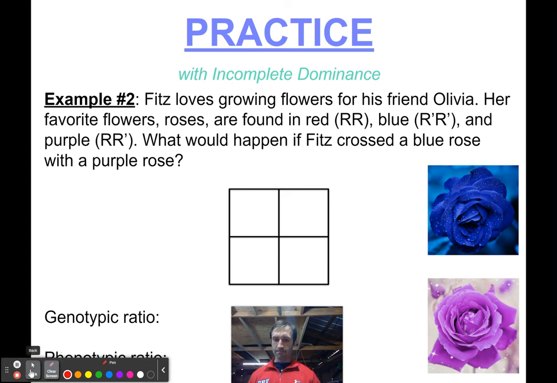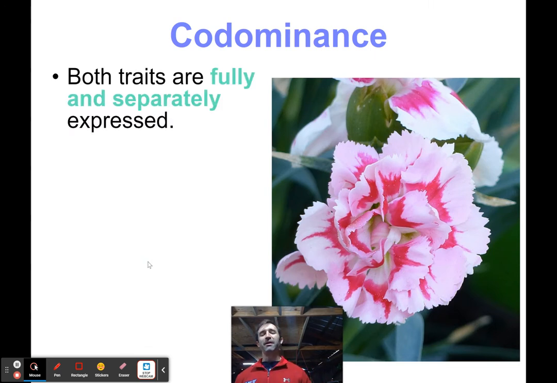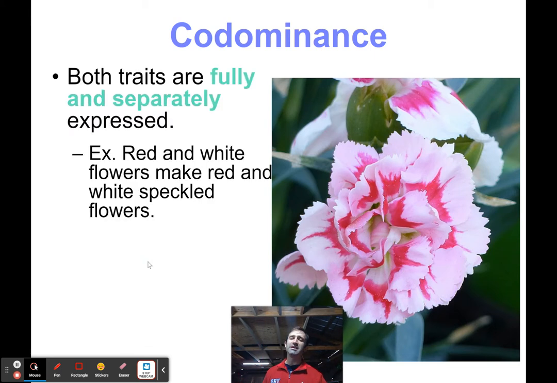All right, codominance. This is what I was talking about. It's typically easy to get confused with incomplete dominance, but what about this beautiful orchid right here? How do you get those? Well, you get both phenotypes expressed, or both genotypes expressed as phenotypes.